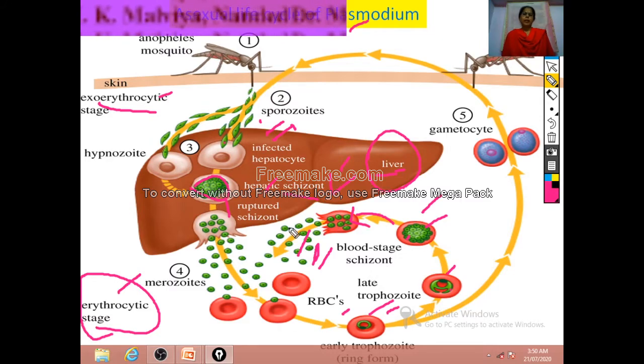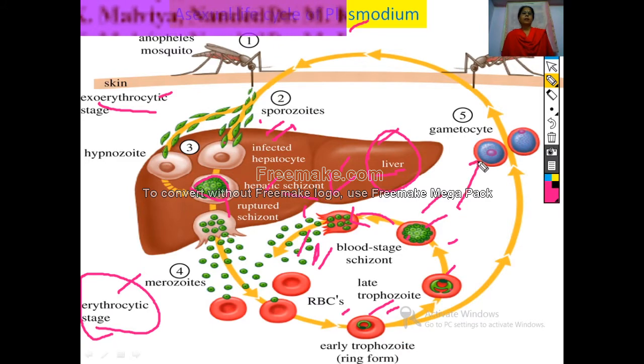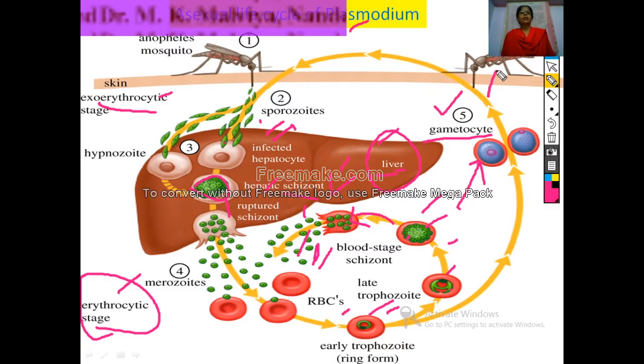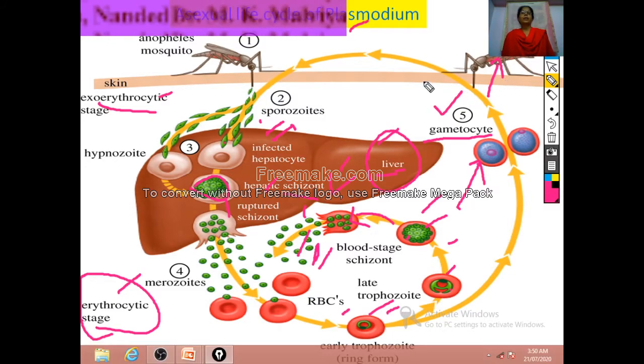What happens by cycling and recycling this liver schizogony and the blood schizogony? Some of the parasites do not enter the regular life cycle, but they now form gametocytes. This gametocyte is the beginning stage of the sexual life cycle of the parasite.